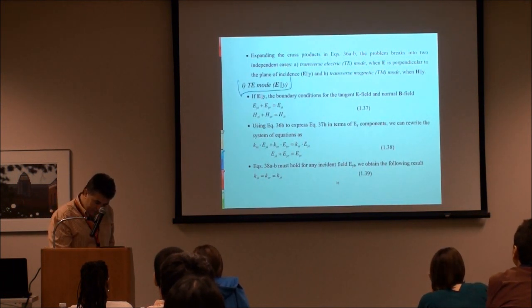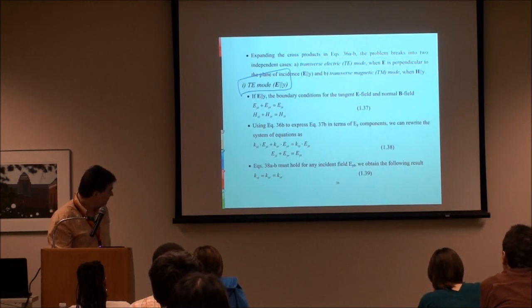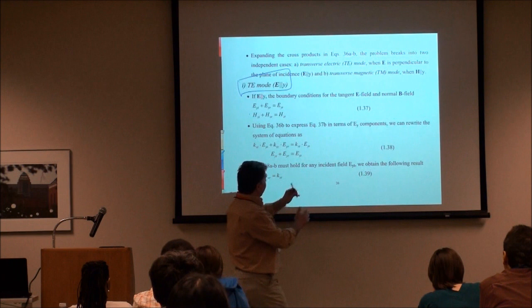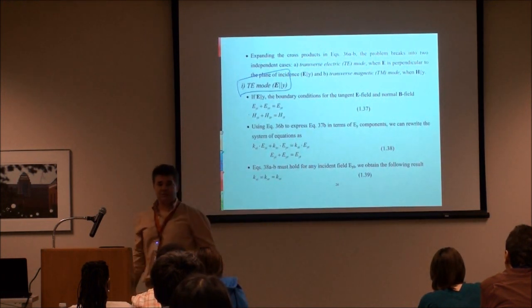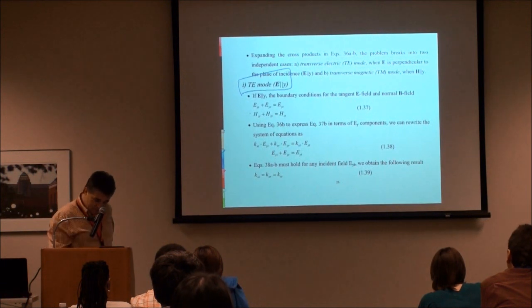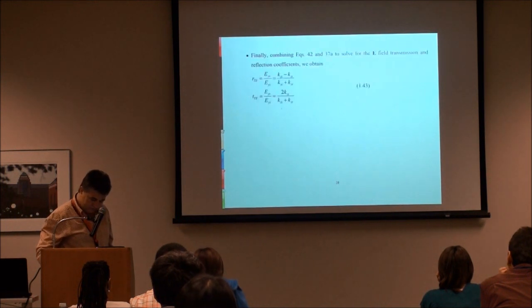Okay, so let's study first the transverse electric. Well, the electric field is here. This is the interface. That means the transverse electric is in the plane, so that's continuous. So the incident component plus the reflected component has to be equal to the transmitted component.